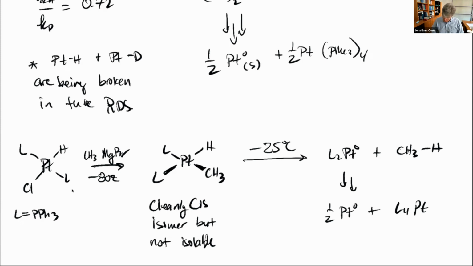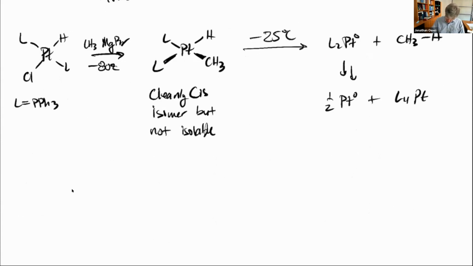So what he did instead, actually, was he added another trick, where he added acetylene to this reaction, or diphenylacetylene. And in the end, he could isolate this cleanly.